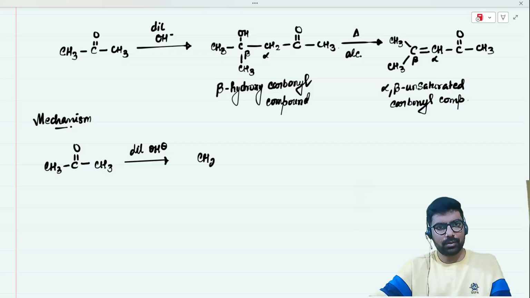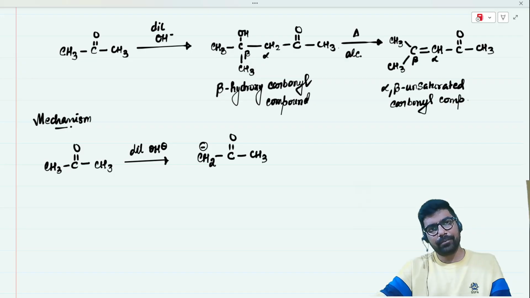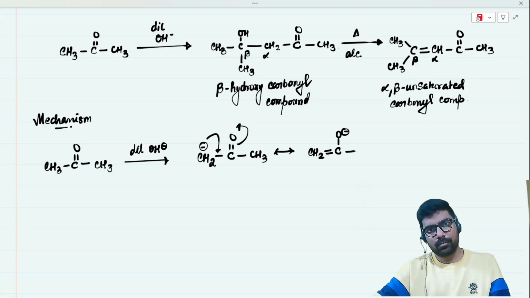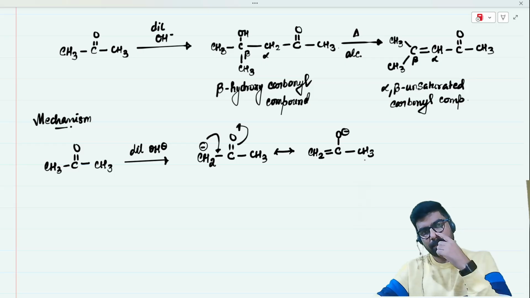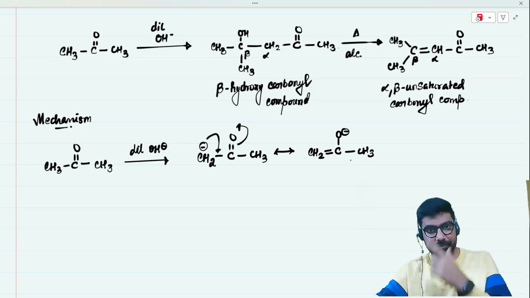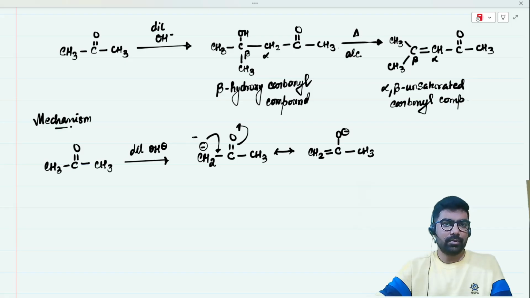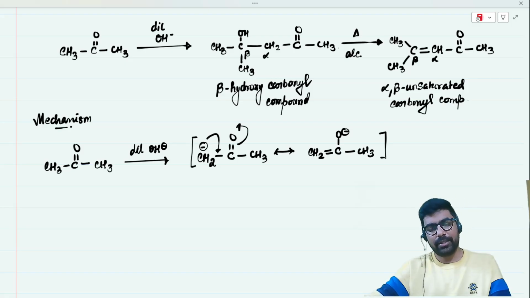Let's say I am taking the first one out, so I get CH2 minus followed by C double bond O, CH3. This will push back, this O will open up. So again, show the resonance. This is my resonance stabilized intermediate.